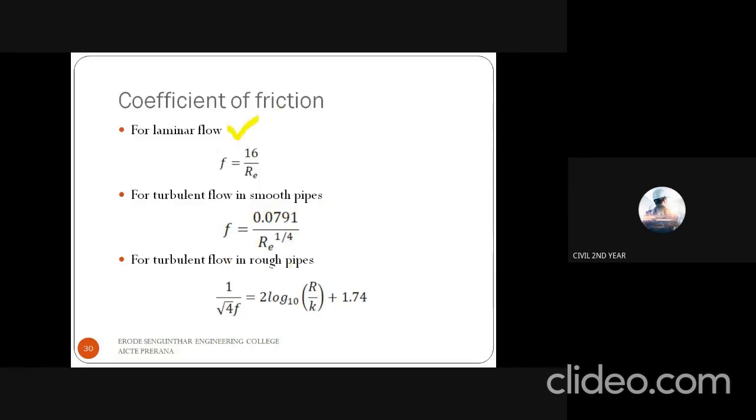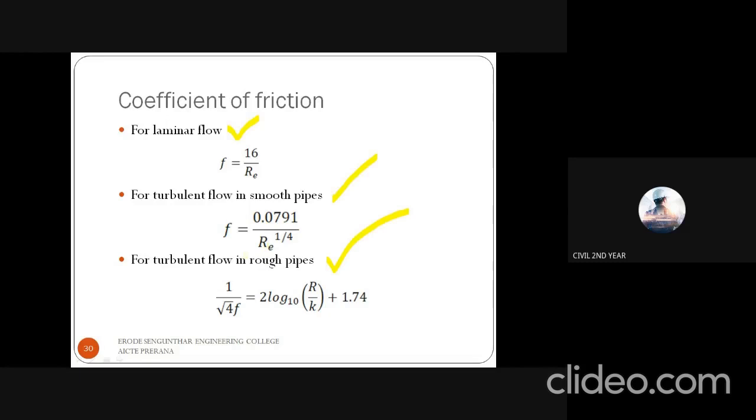In case of laminar flow, the friction factor F is equal to 16 by Re. In case of turbulent flow, we have two types, smooth pipe and rough pipe. For turbulent flow in the smooth pipe, the formula is F is equal to 0.0791 divided by Reynolds number to the power 1 by 4.